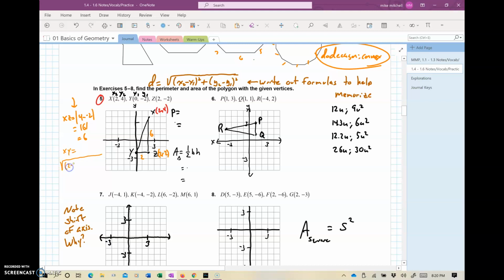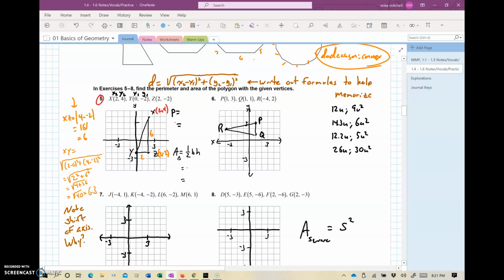So that's going to be 2 minus 0 squared plus 4 minus -2 squared. That goes to 2 squared plus 6 squared, which is 4 plus 36, which is the square root of 40. And I got to look this up on the calculator, which comes out to about 6.3.